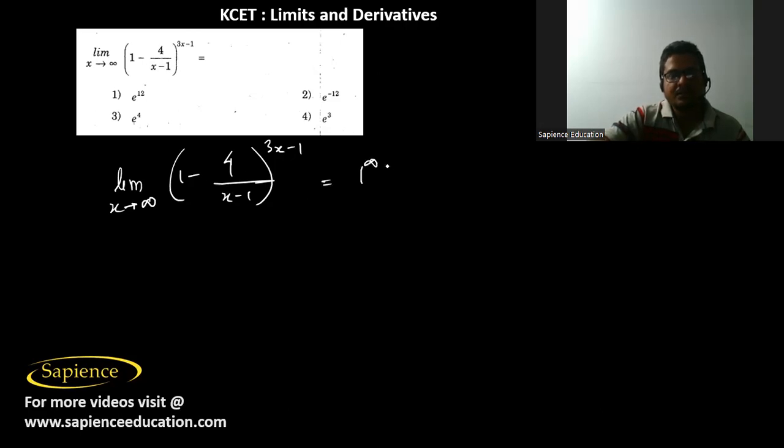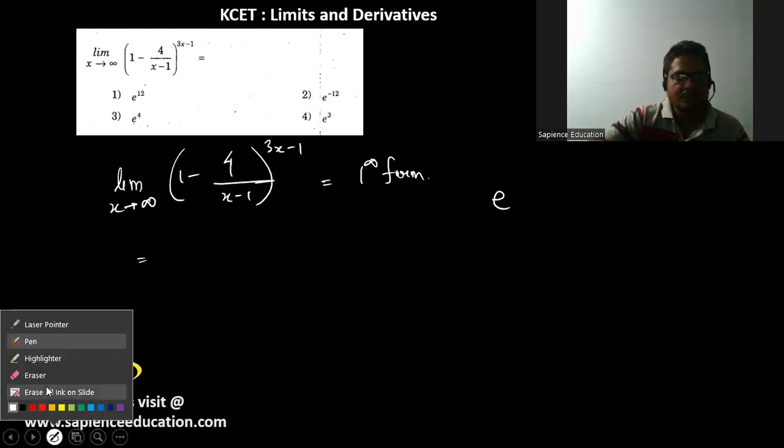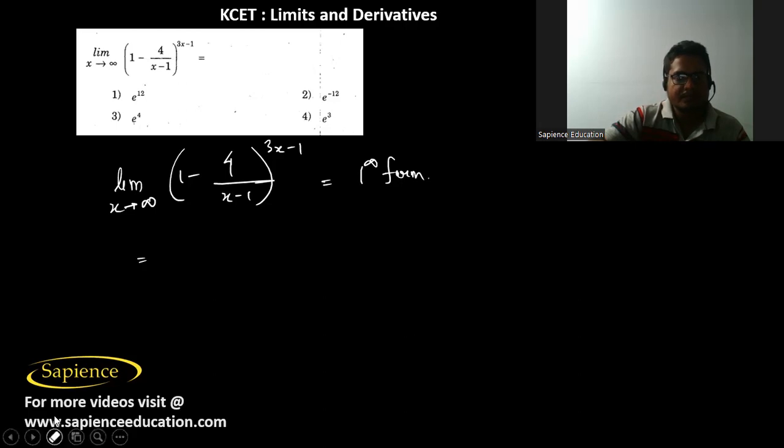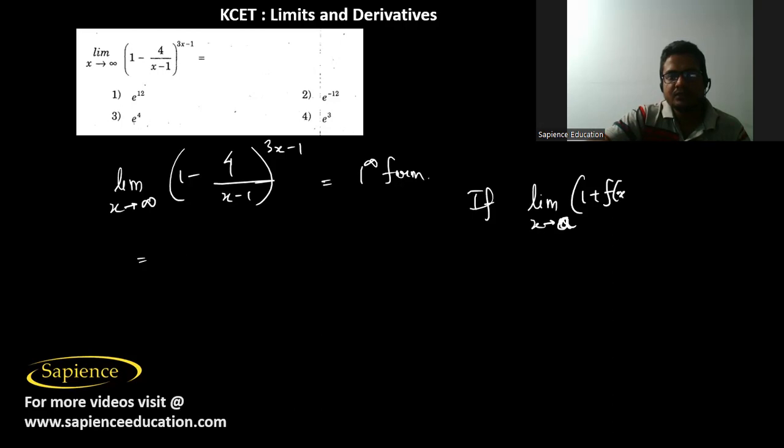We know the rule that if we have limit x tends to a of (1 plus f of x) whole power g of x, and this is a 1 power infinity form, then this limit will be equal to e raised to limit x tends to a of f of x into g of x.